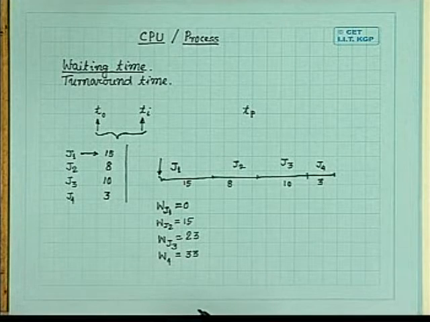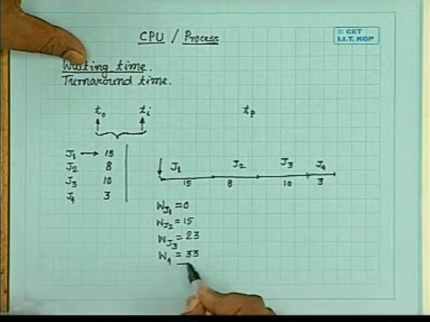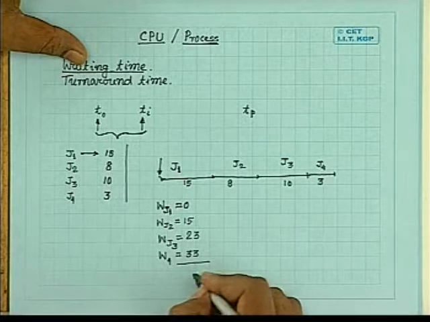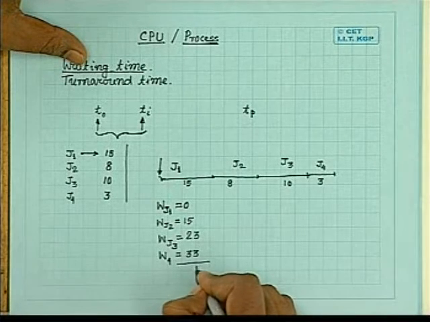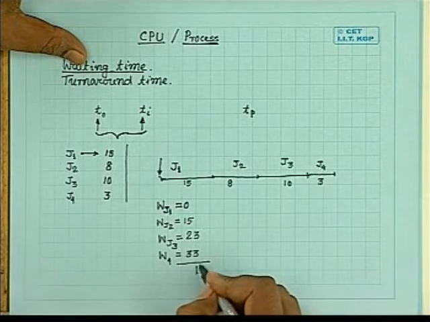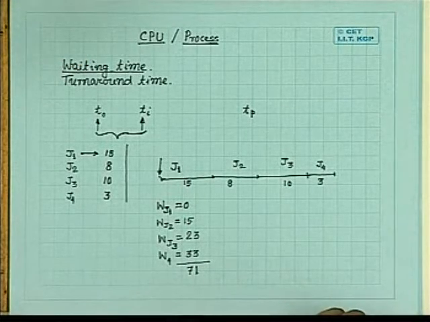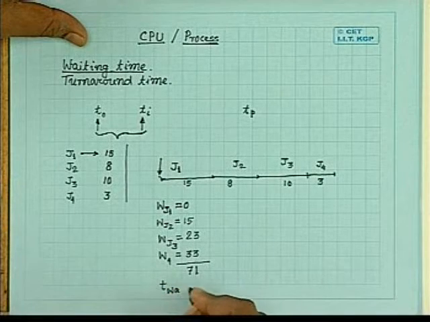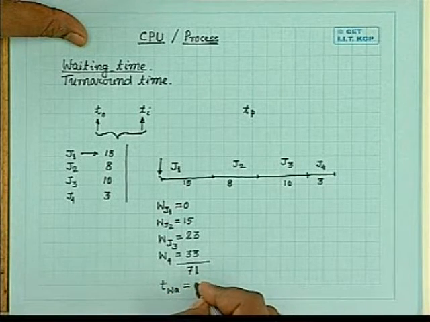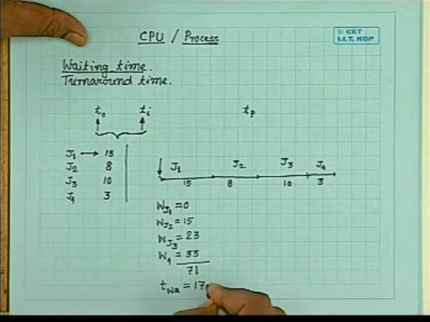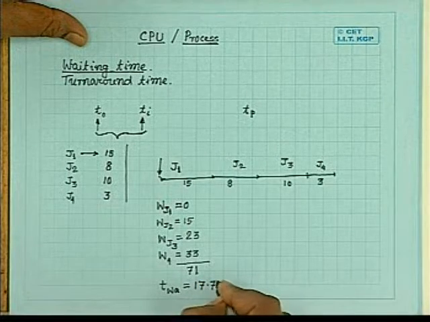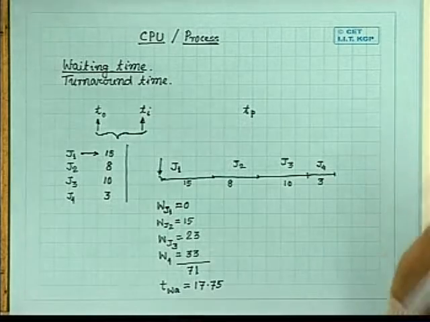If you add them up, you get 71 time units as the total waiting time. And what is the average waiting time? This divided by 4, that is 17.75. This is the average waiting time for these 4 jobs.